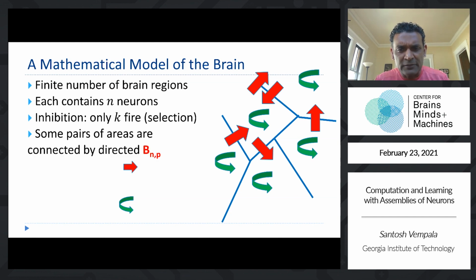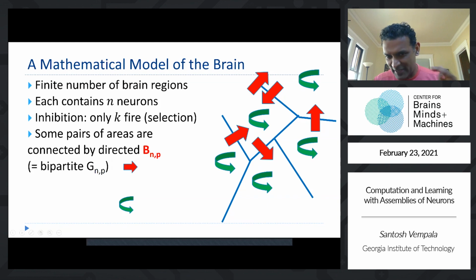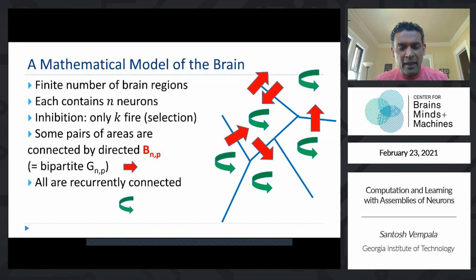Now, some pairs of areas are going to be connected by a bipartite random graph. These red arrows represent a directed bipartite graph from one area to another area, where the probability of a particular edge is p, and since it's n by n, I'm calling it B and p. And every area is internally recurrently connected.